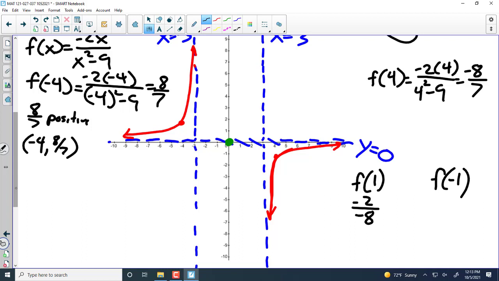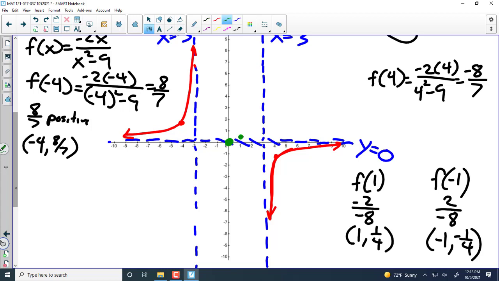If we plug in -1, we will get +2 over -8. So this is going to be 1, 1/4 and -1, -1/4, which means we get this point right here and this point right there.